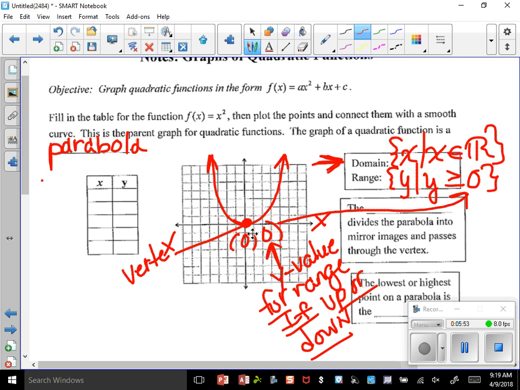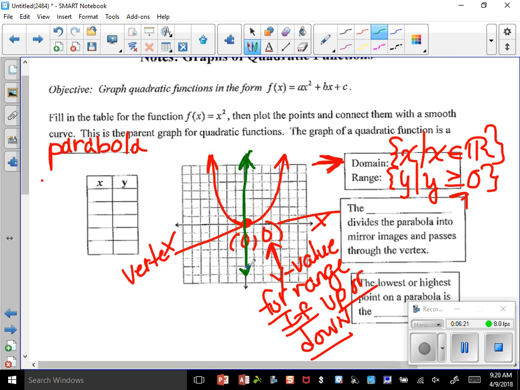All right, so let's move on to the second part here, this little fill in the blank in this second box. So there's a line that cuts the parabola right in half, and it has a name to it. So let's say I just cut this parabola right in half. If I cut it in half, I'm going to be going straight through the vertex, because the vertex is in the middle of the parabola.